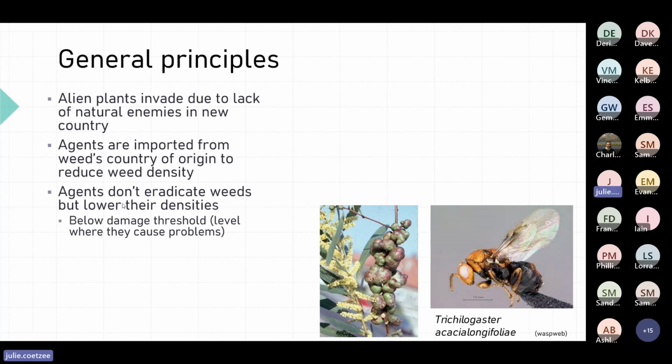What's really important, and that a lot of people fail to understand, or perhaps we don't promote enough, is that the agents don't eradicate the weeds, they lower their densities. And this lowering of density has to be below some kind of damage threshold that we as biocontrol researchers state is necessary, or as landowners want.